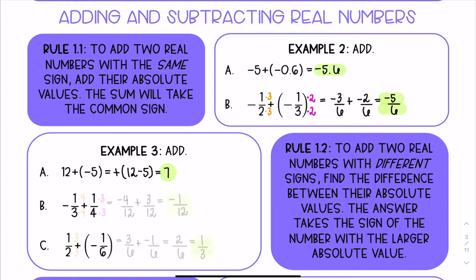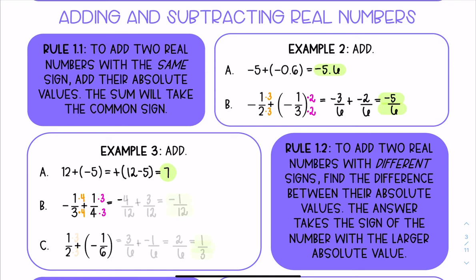Negative 1/3 plus 1/4. Again, we need to have a common denominator. So these both go into 12. So I'm going to multiply the first fraction by 4 and the second fraction by 3.